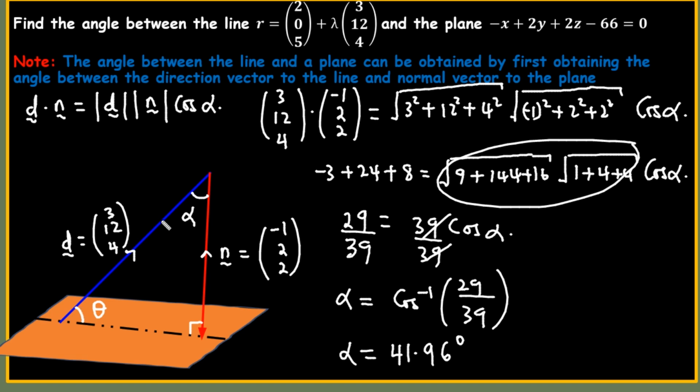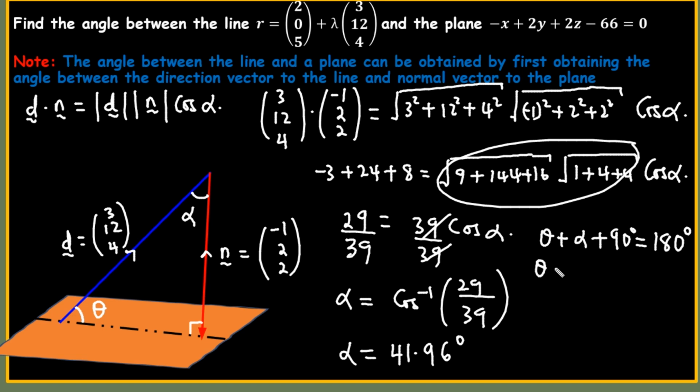Note, the interior angle sum of a triangle is 180 degrees. Therefore, we are going to say theta plus alpha plus 90 degrees is equal to 180 degrees.